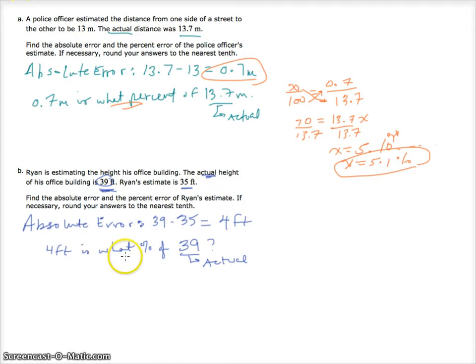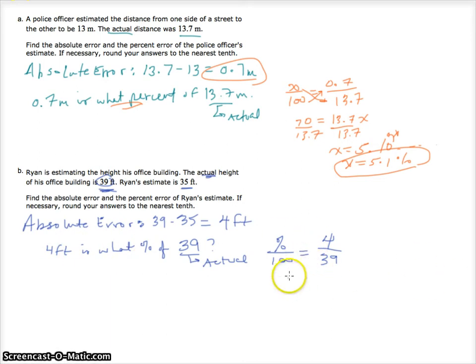Okay, so 4 feet is what percent of 39. So I have my is and my of. So I say percent over 100 equals, and then what percent of 39? So 4 over 39. Of 39, 4 feet is.